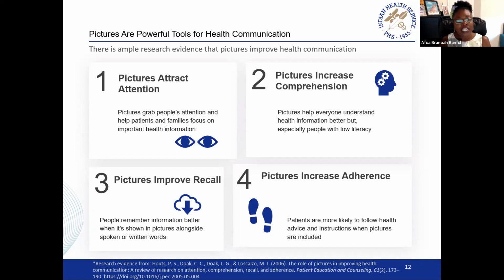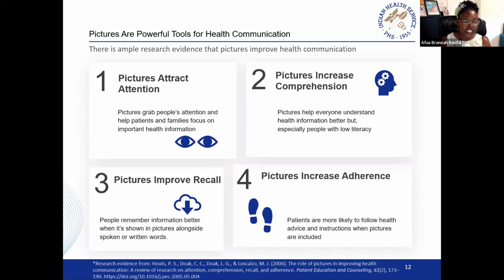So I shouldn't say improve, it increases their adherence to the behavior you want them to do. We are assuming what we're asking them to do is helpful for them, right? So patients are more likely to follow the advice. So capture these four things in your mind for whenever you are putting in pictures or doing that extra step to add pictures to your text. Remember that is important, right?